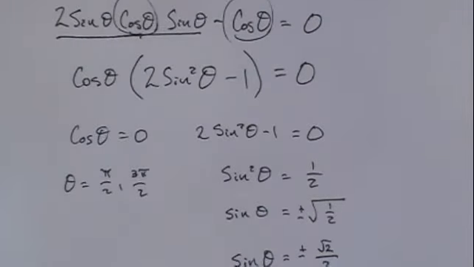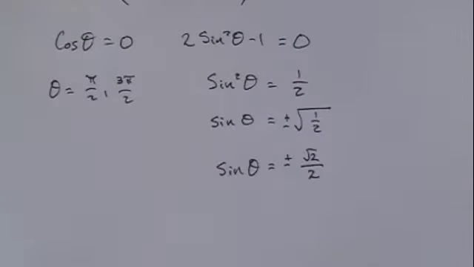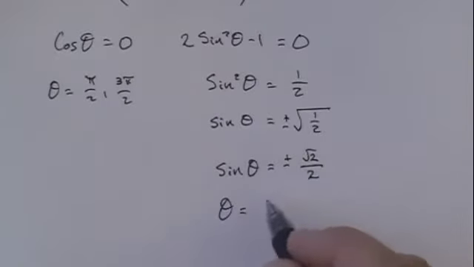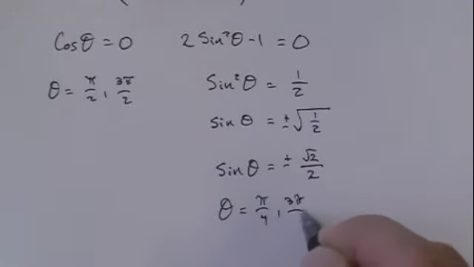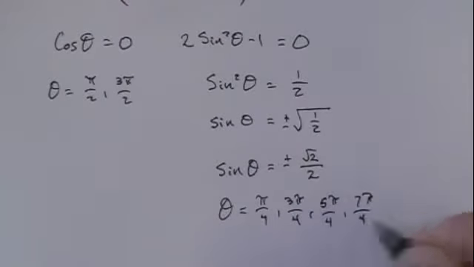So we have sine of theta is equal to plus or minus the square root of 2 over 2. Now we're looking on our unit circle, where is sine equal to those values, and we have pi over 4, 3 pi over 4, 5 pi over 4, and 7 pi over 4.